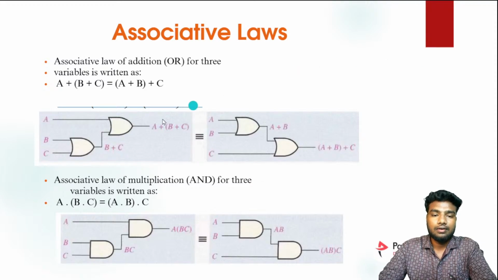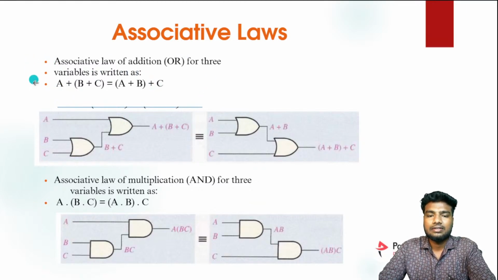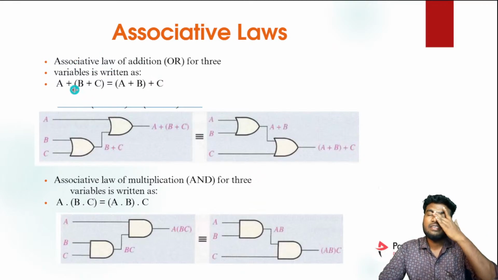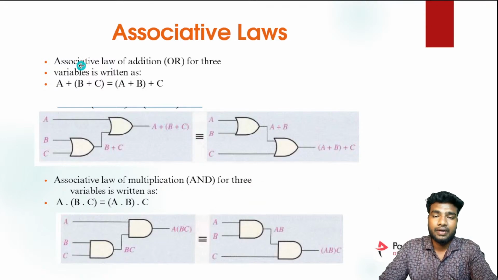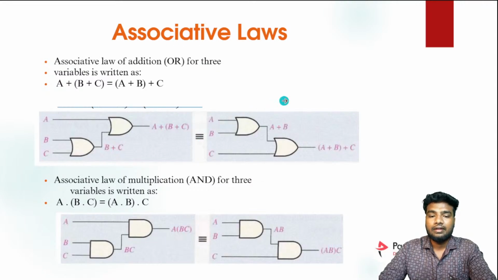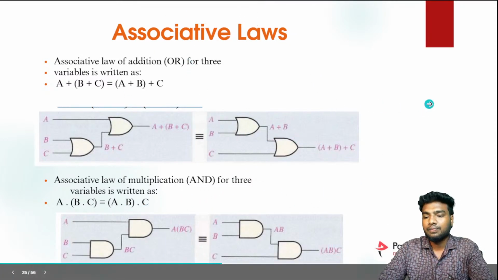Then the associative law. The associative law means A plus B plus C can be written as A plus (B plus C). If every term has the same operation, we can group the variables using brackets, like (A plus B) plus C. We can do the same with AND: A and (B and C) equals (A and B) and C. So this is the associative law.